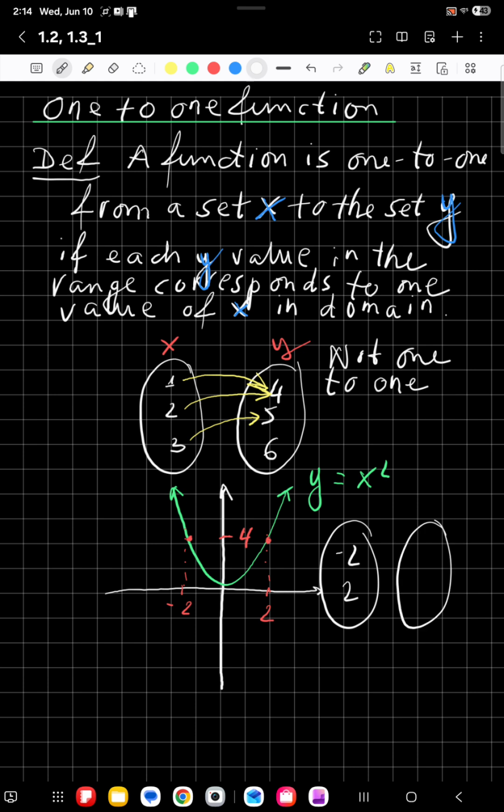In this set we could have other numbers, 1, 4, and those two numbers will go to 4. So not 1 to 1 again.